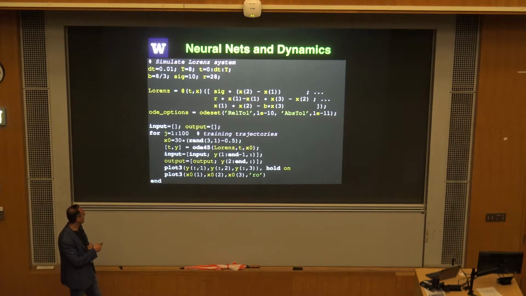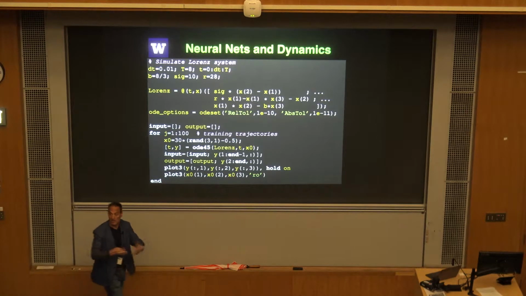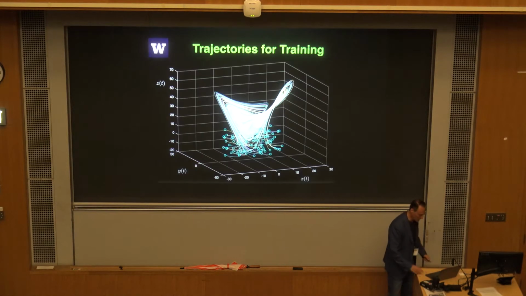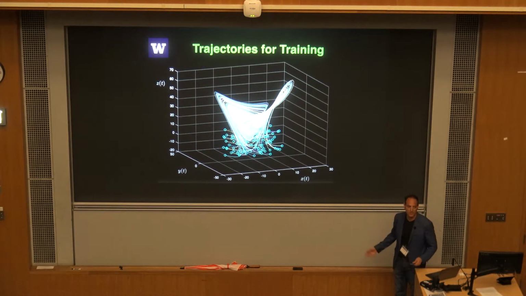And here's how you do it. The input, output. Input is here, which is you take the first to the next to last time snapshot. The output is the second snapshot to the end. So you're just lining them up in pairs. This leads to this, leads to this, boom. Okay, that's my data. I'm going to collect data on 100 trajectories. And here's what that looks like. These are random initial conditions. Run it 100 times.